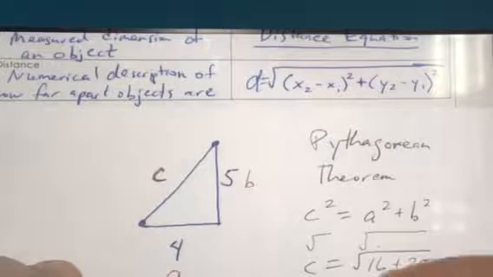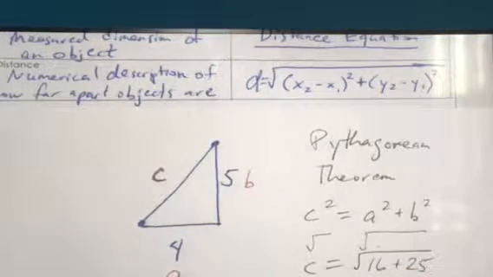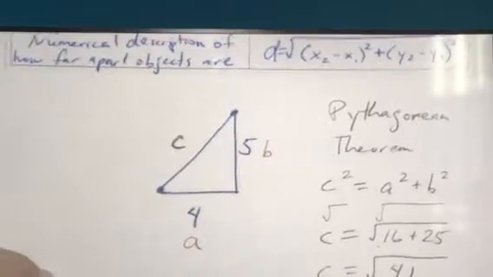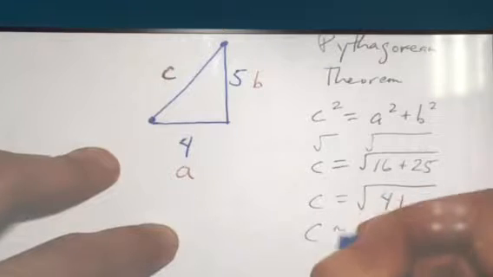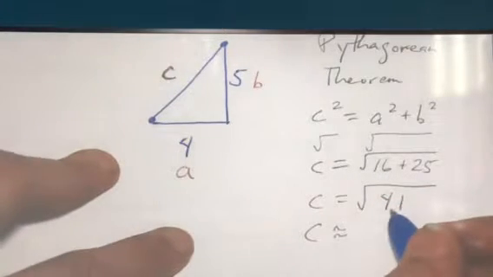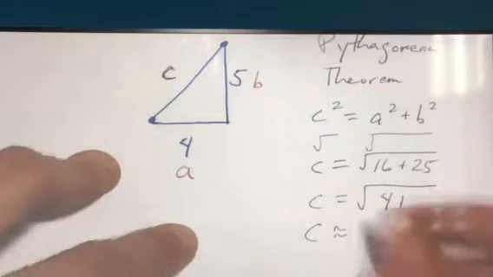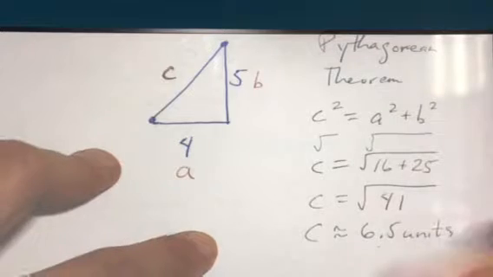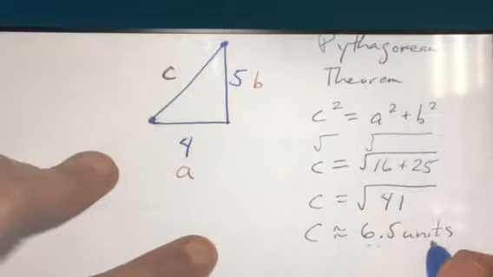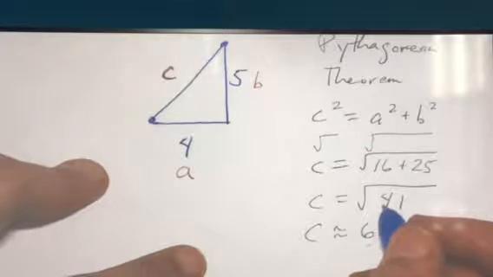C is the square root of 41. And about how far is that? Well, we know the square root of 36 would be 6. The square root of 49 would be 7. So we'll call this about 6.5 units. 6.5 units is not our answer. The square root of 41 is our answer, and we can't break that down.